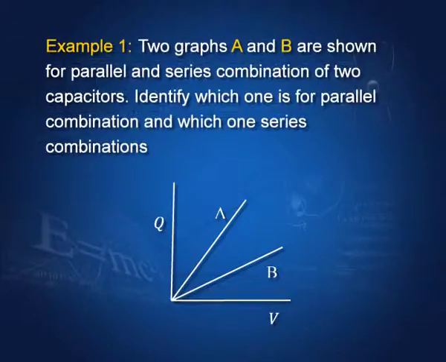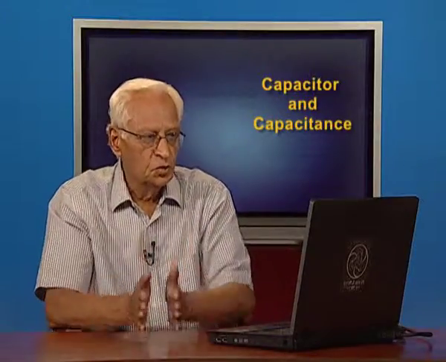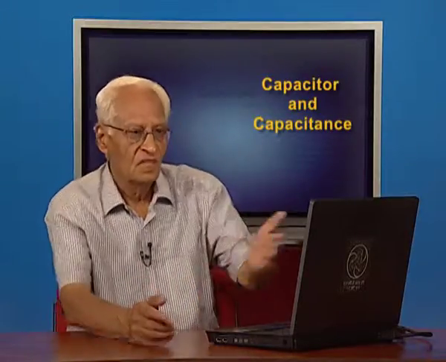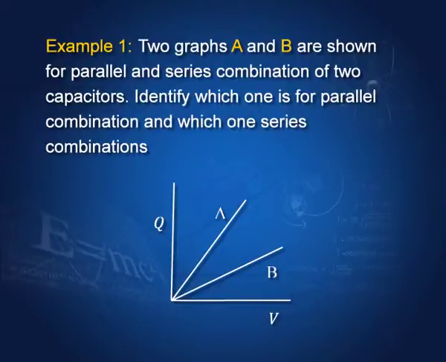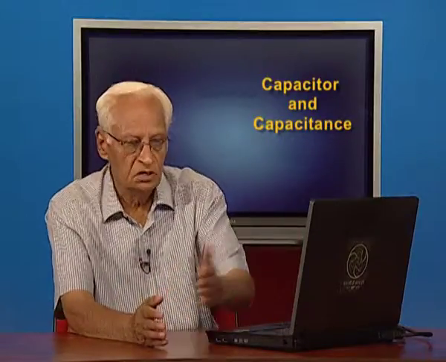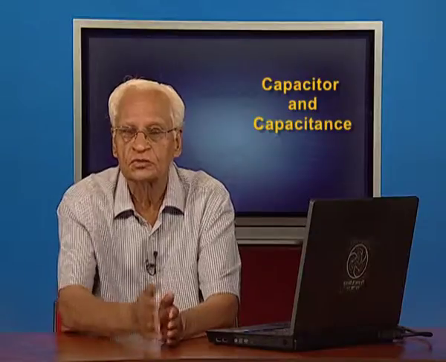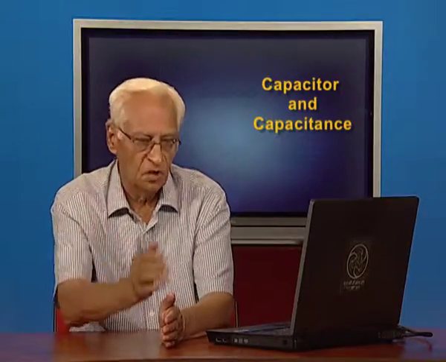Say this, for example, is an exercise for you. Here we have plotted Q against V, and there are two curves for two capacitors in some combination. We have to find which line corresponds to which combination, line A or line B: which corresponds to the parallel combination and which to the series combination.